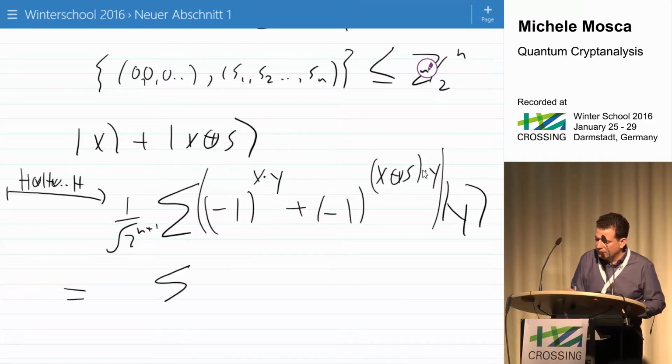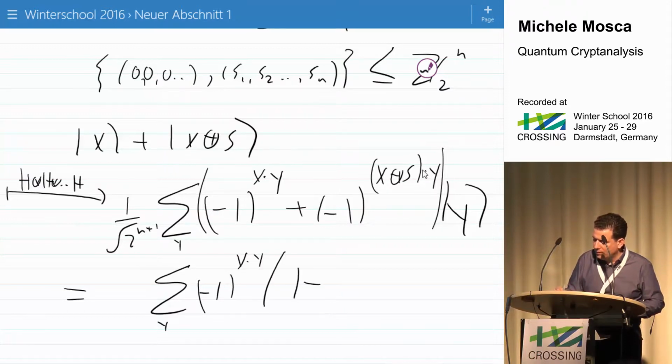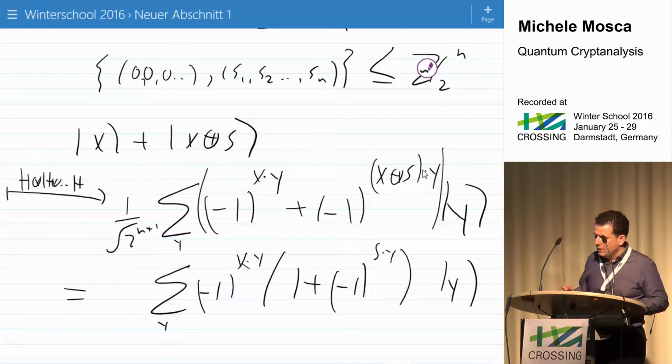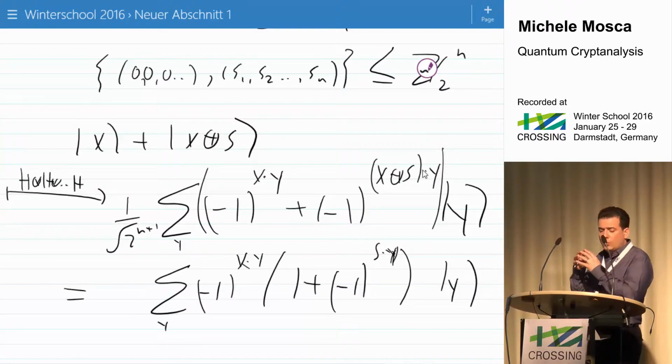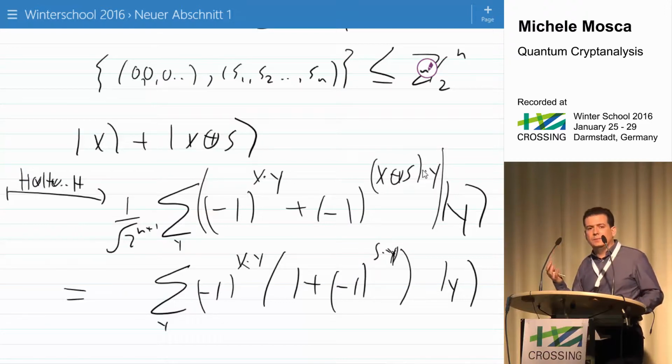And this is just a sum over y of minus 1 to the x dot y times 1 plus minus 1 to the s dot y. So if y dot s is 1, if the inner product of y and s is 1, this vanishes. The 1 and minus 1 cancel out. So the only y's that ever survive are the y's that are orthogonal to s.